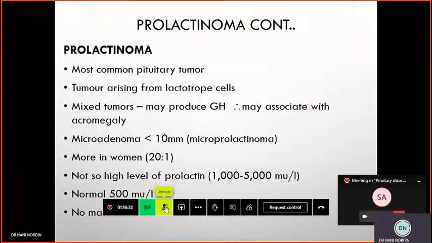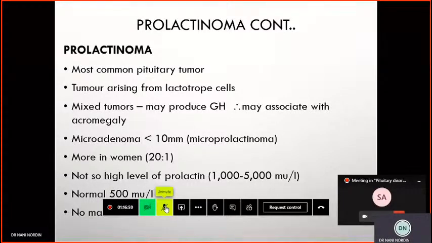So in other words, there are a lot of causes of increase in prolactin. It's not only pituitary. It's not only a pituitary cause. So when you are investigating this patient, you also need to rule out other causes, especially whether there are drugs.